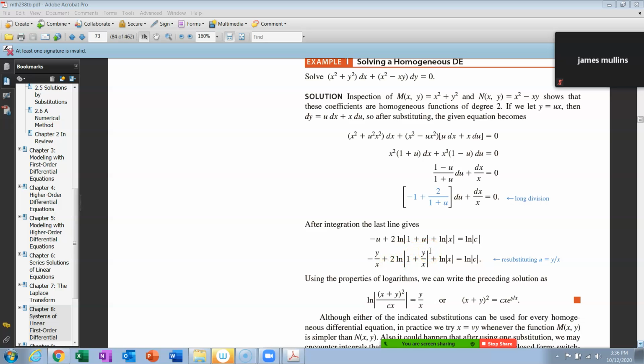Okay, but you could have written that as log of x plus y squared minus log of x squared, which is log of 2x, and that gave you then a minus 2 log x plus log x, so that's a minus log of x. That's the part that they just sort of gloss all over here.